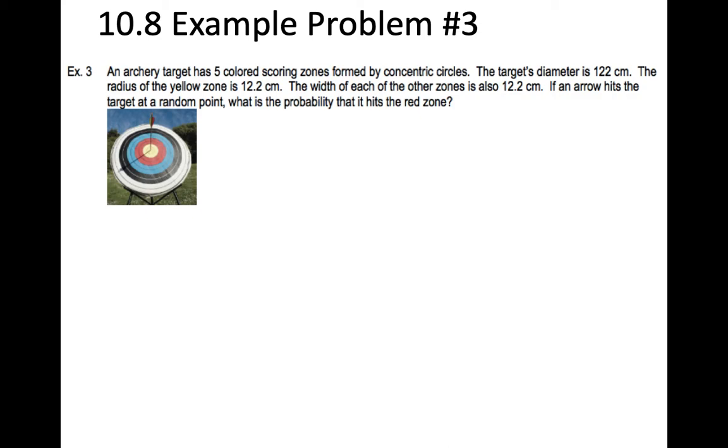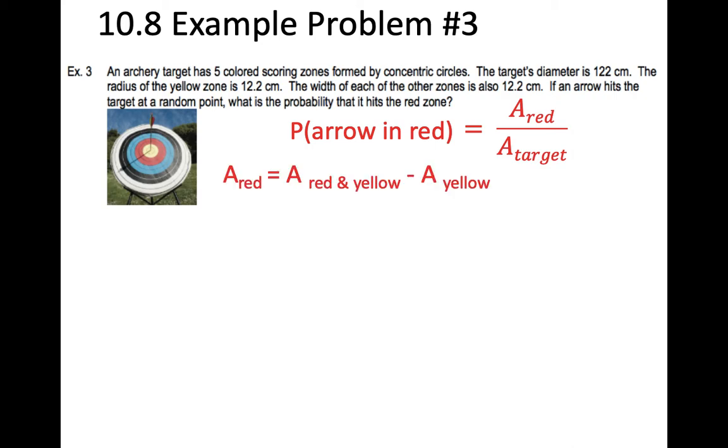Alright, so we want to find the probability that the arrow is in red. So that would be equal to the red over the entire target. Okay. Well, to find the red, I have to find the circle of that whole red, which is red and yellow together, and then I'm going to subtract out the yellow, because again that yellow is in the middle of it.